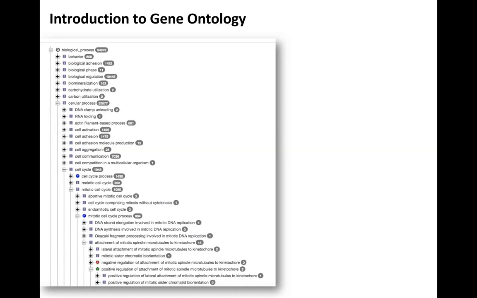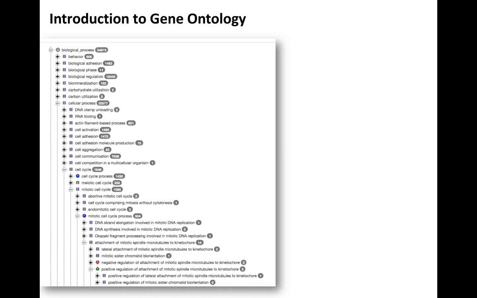The way they do that is, if I have one gene specifically related to, say, mitotic sister chromatid biorientation, then based on this tree, based on this hierarchy, we automatically know it's related to cell cycle, it's part of a cellular process, and it's part of biological process.